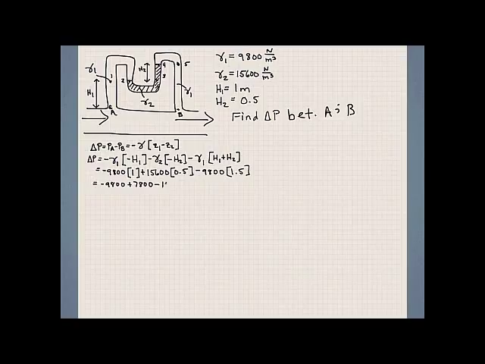So 14,700. All right. So we would have a final value of minus 16,700 pascals.